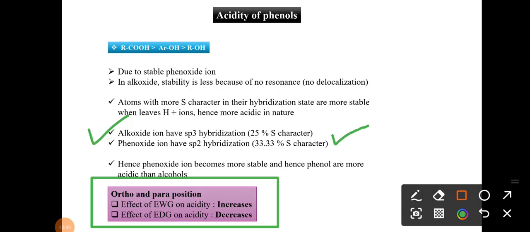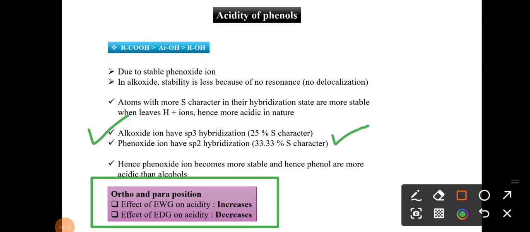If any electron withdrawing group is attached at the ortho or para position, your acidity is increasing. Please remember, if any electron withdrawing group is attached at the ortho or para position, the acidity of your phenols is increasing, while if an electron donating group is attached at the ortho or para position, the acidity of phenol decreases.